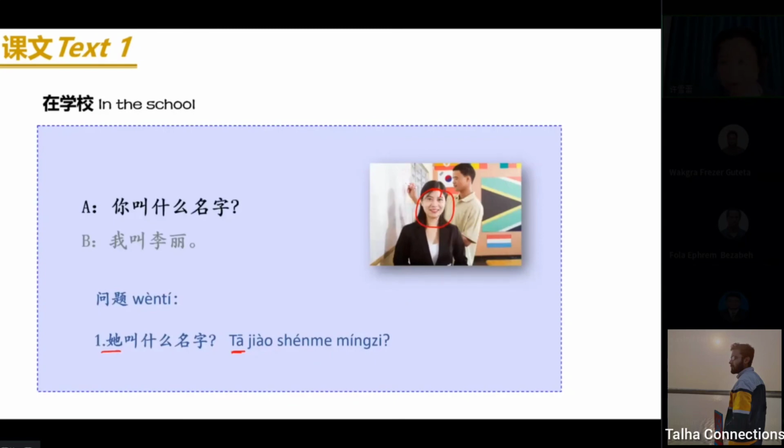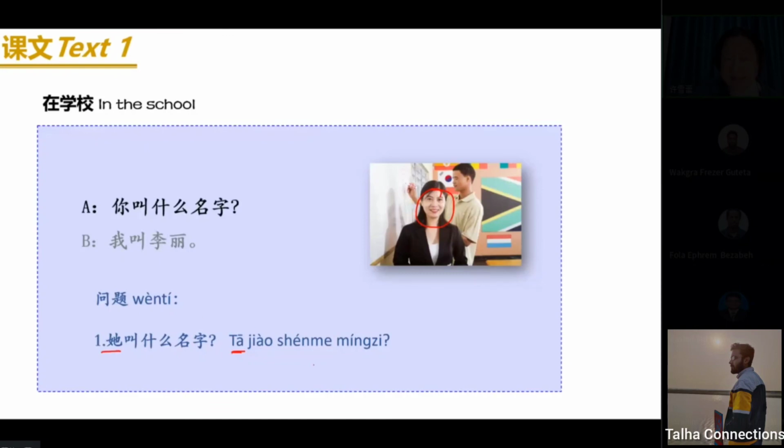She or her, both are 他. So, 他叫什么名字? According to the dialogue, 他叫李丽, right? You will answer my question in this way.